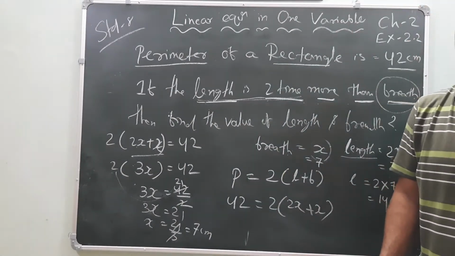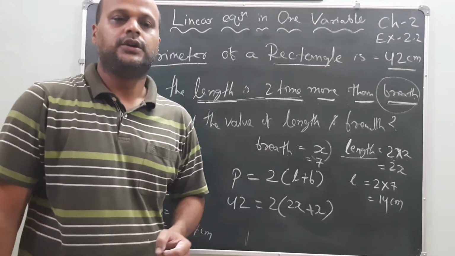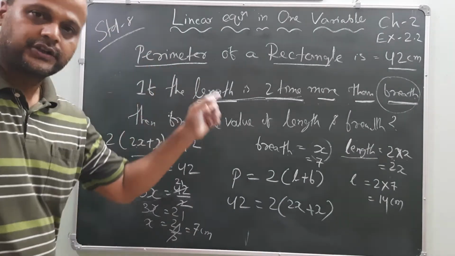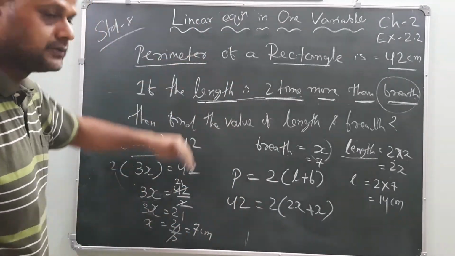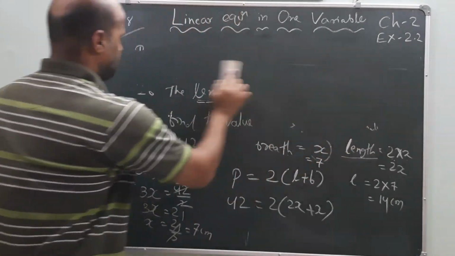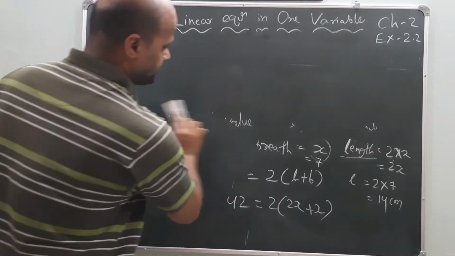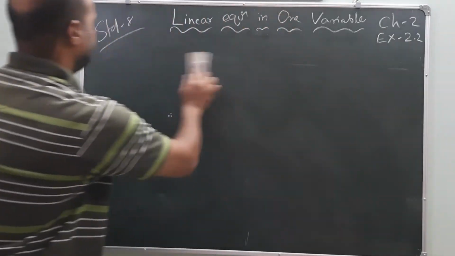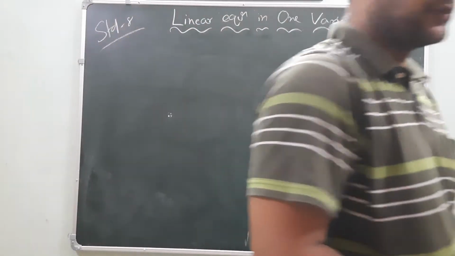Now my dear friends, we will go to the third one from your chapter. This is understood by you, but you have to write in a step by step manner. I will tell you like this after this one. Okay, my dear friends, now come to that point.